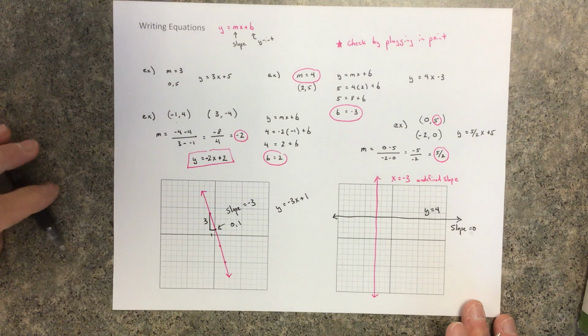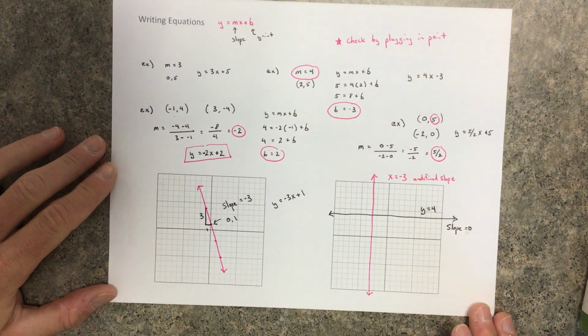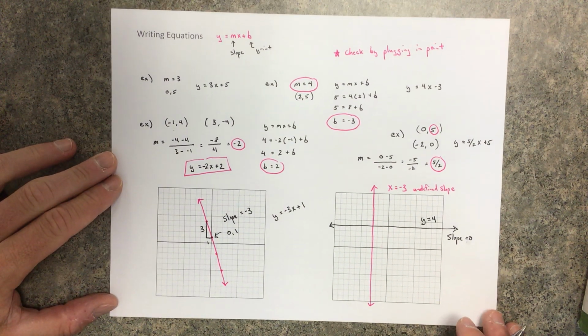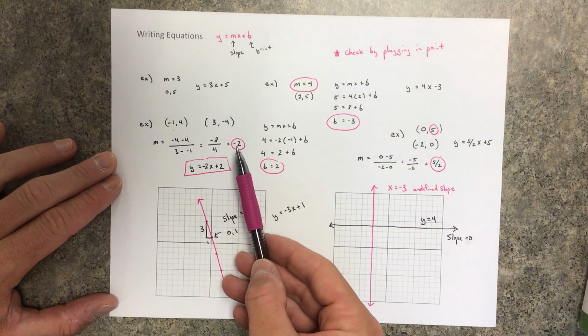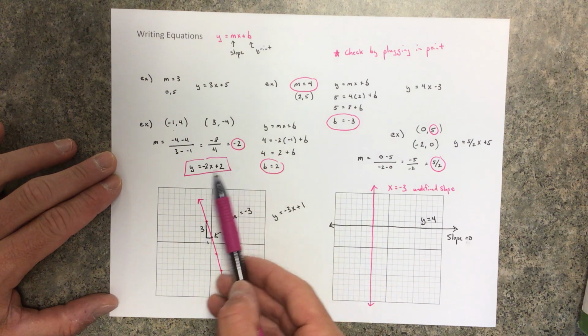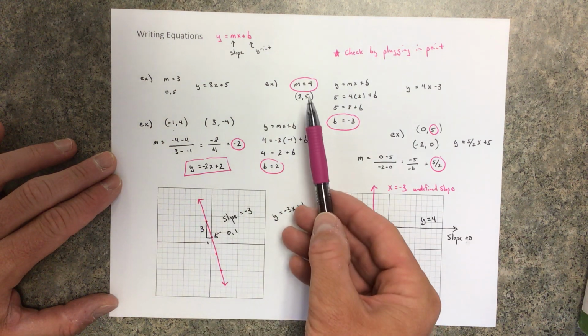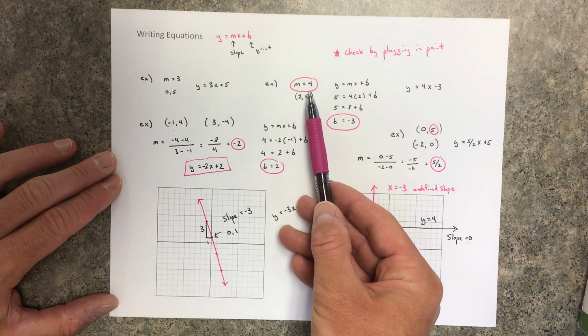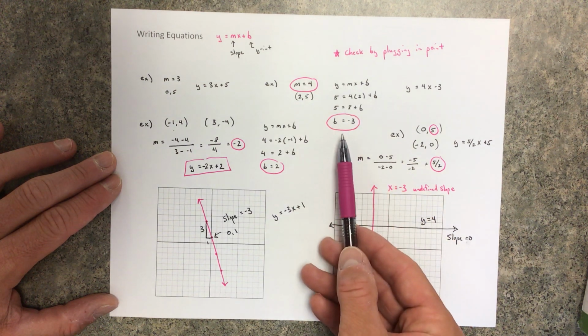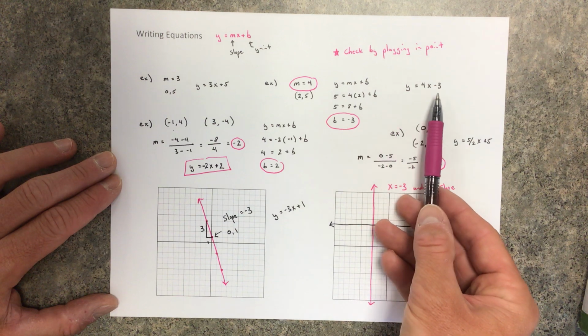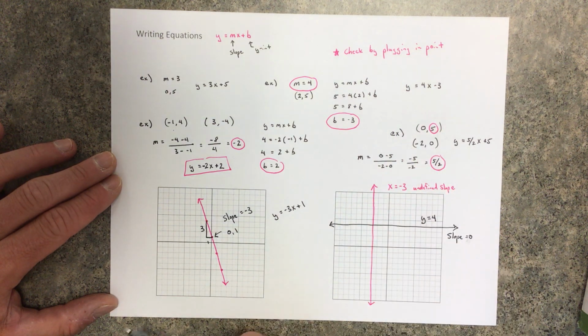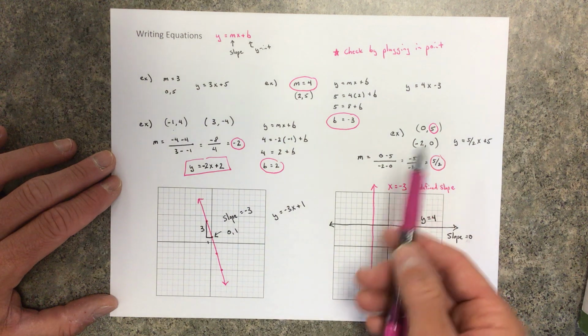Okay, so writing equations of lines, most of the time you're going to use y equals mx plus b. If you're given 2 points, you're going to find the slope first, then the y-intercept, and then plug it back in. In this case, I had a point and a slope. I found the y-intercept, and then I wrote the equation. Again, once you know the slope and the y-intercept, then the equation is easy to write. I can give you the 2 intercepts.